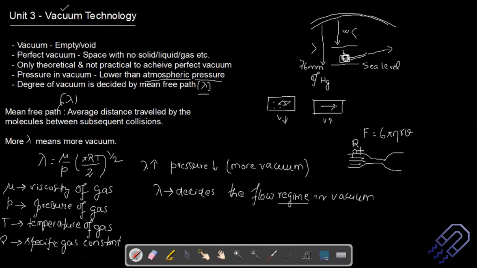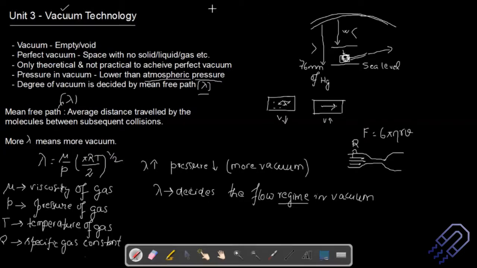Similarly, in the case of gases, we can use this term lambda to decide the flow regime, and based on this we have a number which decides this factor. It is something which complements the Reynolds number in liquid flow, and this is what we are going to analyze now.